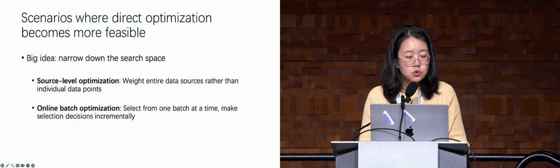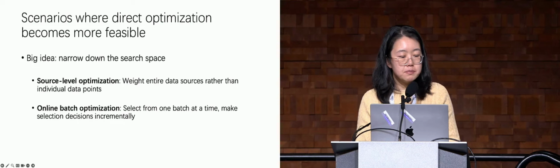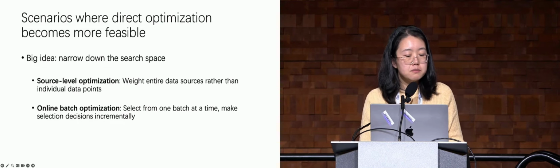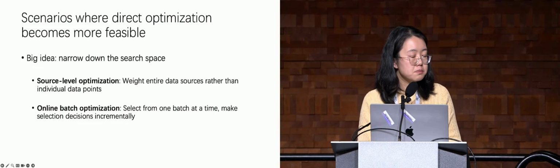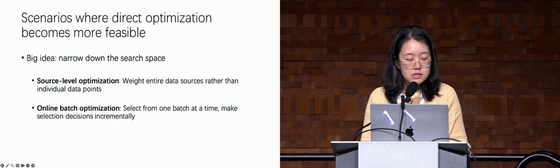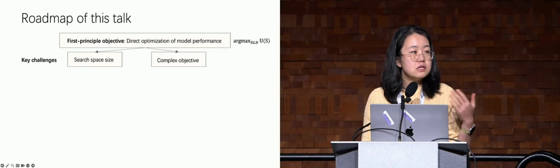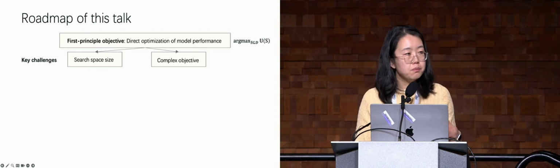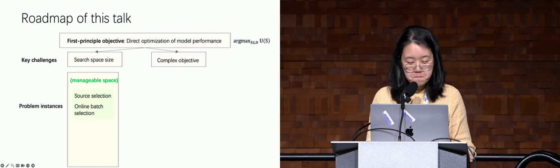Okay, so to make some progress, we have to first narrow down the search space. We'll first focus on some scenarios where direct optimization becomes more feasible because the search space is relatively small. There are two specific problem instances. One is source-level optimization, meaning that instead of selecting individual data points or individual tokens, we operate at the source level.